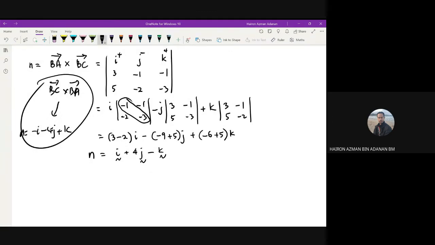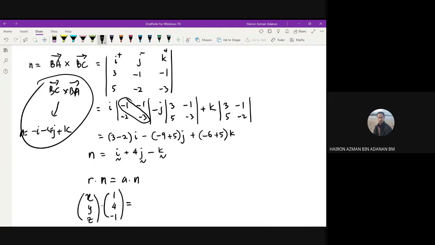Okay, next vector equation R dot N equal to A dot N. Okay, if you like to write in Cartesian equation, you just replace R with the X, Y, Z. What is normal? 1, 4, -1. What is A?